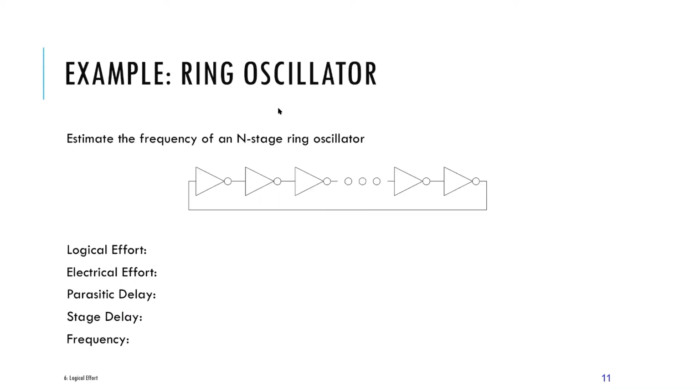Okay, so here, let's do another example. Let's do this together because this is kind of confusing. If you have an odd number of inverters hooked up together, and it has to be an odd number, because when this thing starts, you want this to be 0, you want it to go to 1, 0, ripple all the way through with a certain delay, and then here it turns into a 1.